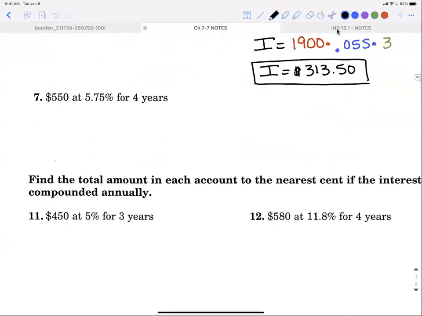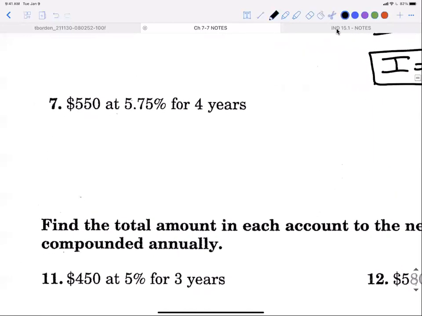All right, so we're going to go ahead and skip number 7, and jump to compound interest because I think number 7 is pretty straightforward. I'm not going to do it, I'm just going to underline it. It's the principal. It's the rate, which you would bounce, and add the 0. And the time is already in years, so it's very straightforward, okay?